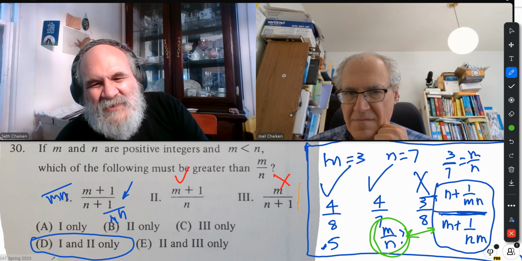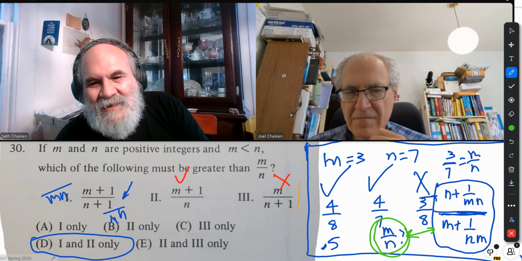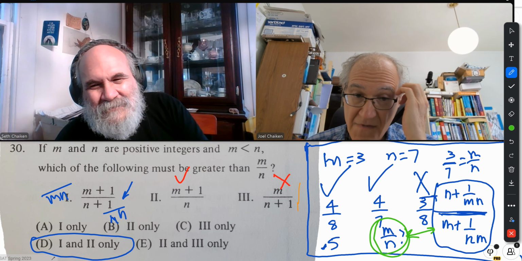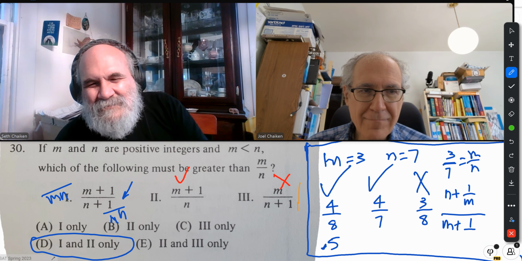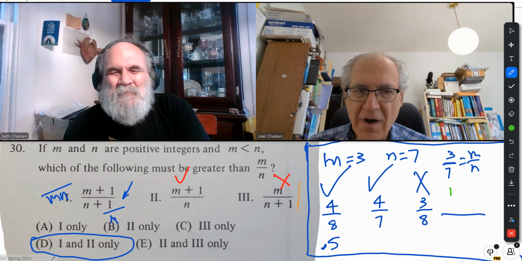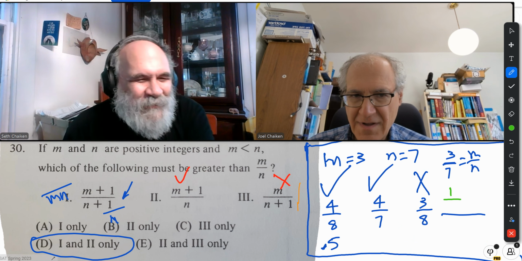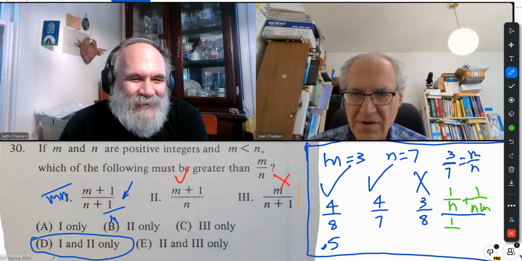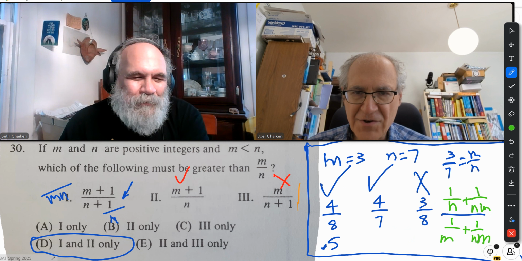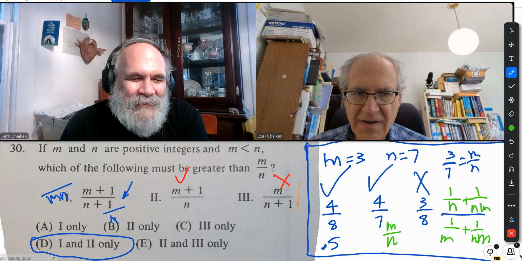The thing you wrote on the top of the bar should be 1 over n. Yeah, right. That doesn't work. 1 over n plus 1 over nm, and 1 over m plus 1 over nm. And you're comparing that to m divided by n.